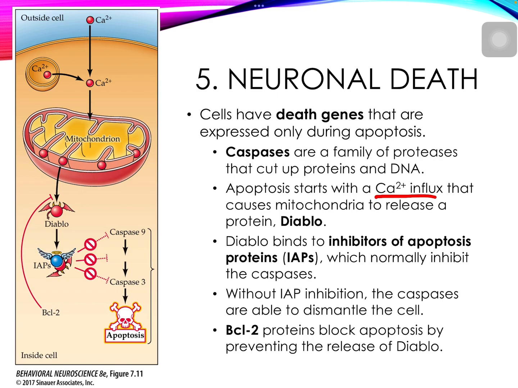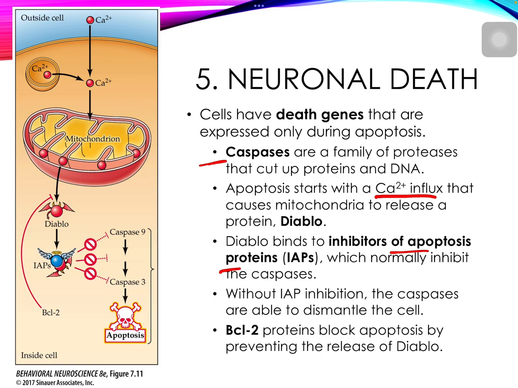And so we have a couple of really important players here. We have caspases, which are a family of proteases whose job it is to cut up proteins and cut up DNA and destroy the cell. Now, your cell has these, but what stops them from activating are the inhibitors of apoptosis proteins, or IAPs.